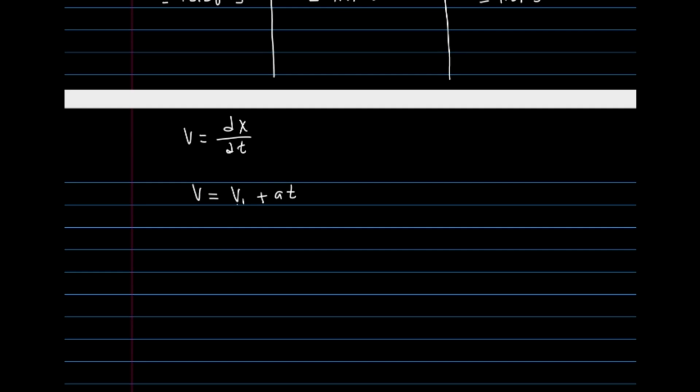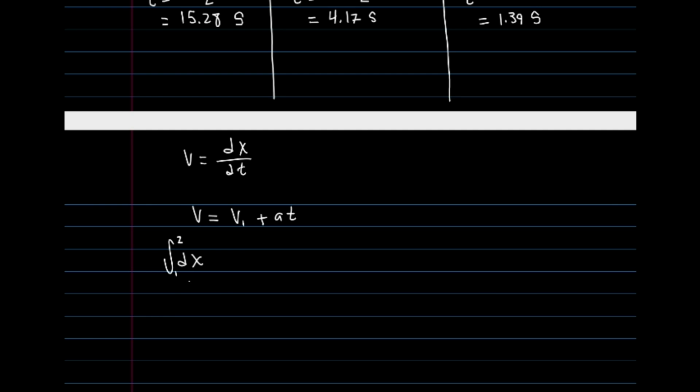And now we're integrating this with respect to time to get displacement. So we have the x integral from 1 to 2 equals integral from 1 to 2 of v1, which is a constant, plus at.